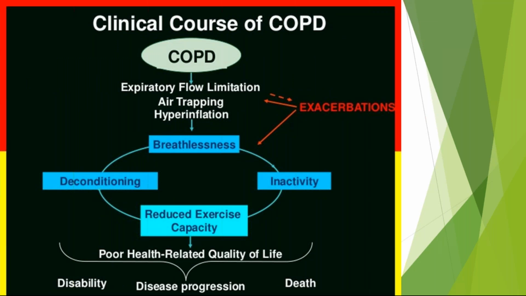In COPD, there will be expiratory flow limitation and air trapping, leading to hyperinflation. Patients mainly present with breathlessness due to reduced exercise capacity, which may lead to poor quality of life.